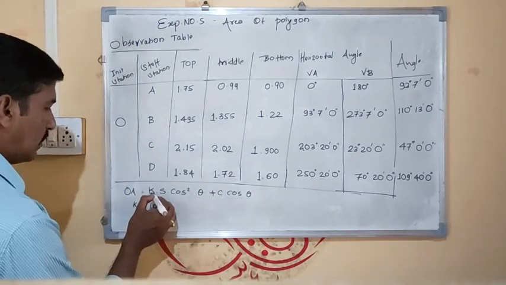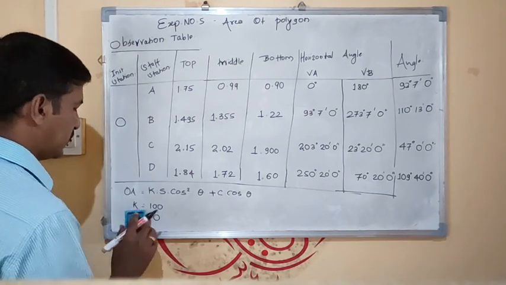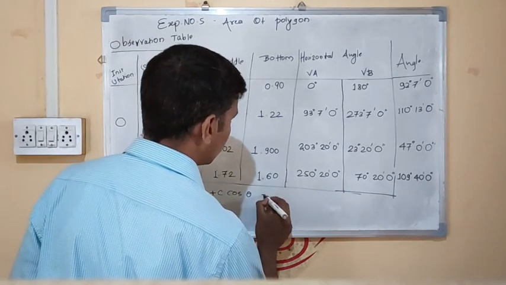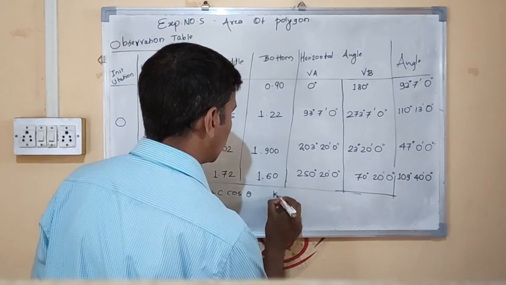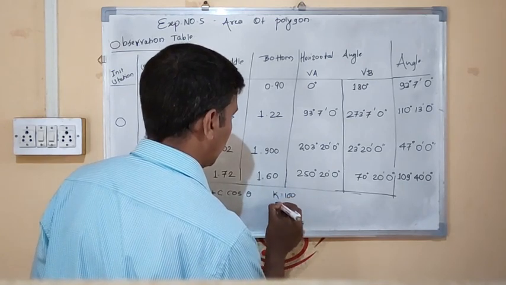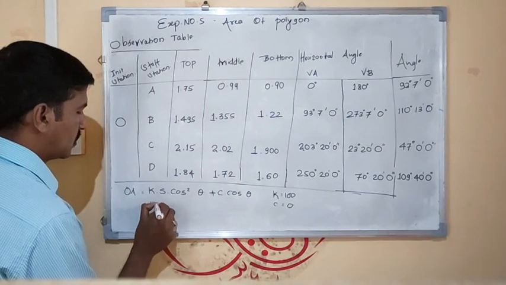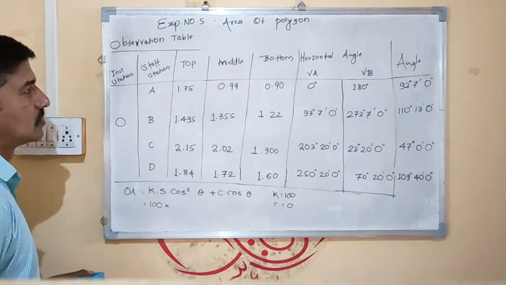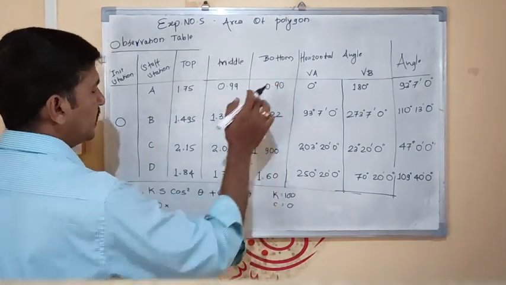So I will first of all find out what is OA, considering K is equal to 100 and C is equal to 0. Here for OA, what will be S? S will be top hair reading minus bottom hair reading.